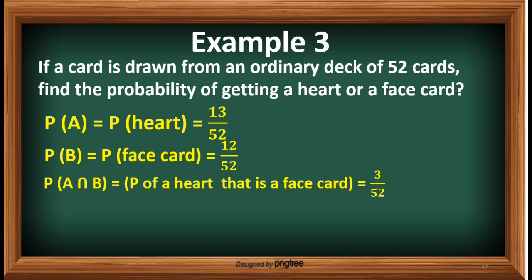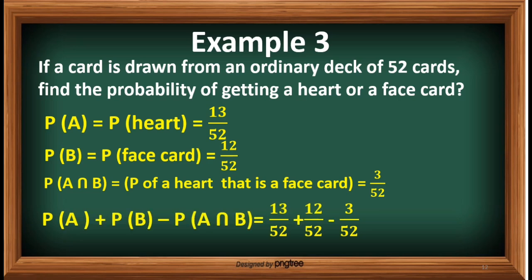A heart that has a face. There are 3: the Jack of Hearts, Queen of Hearts, and King of Hearts. So the probability is 3/52. For the final answer, you will just substitute it in the formula.